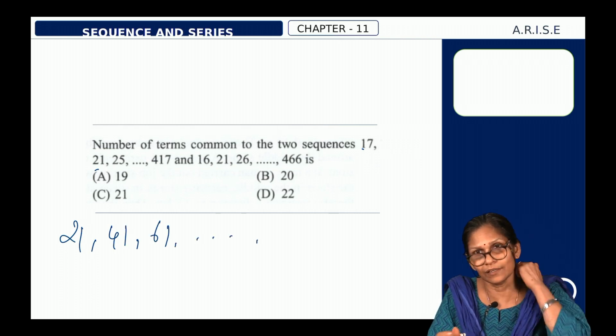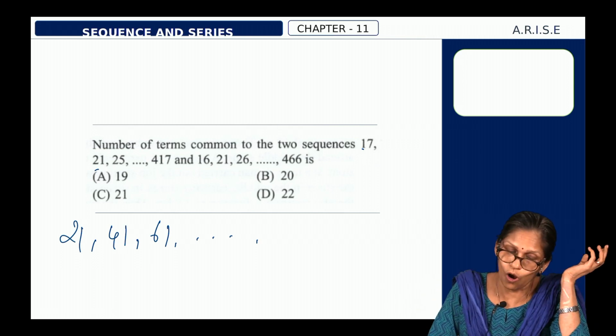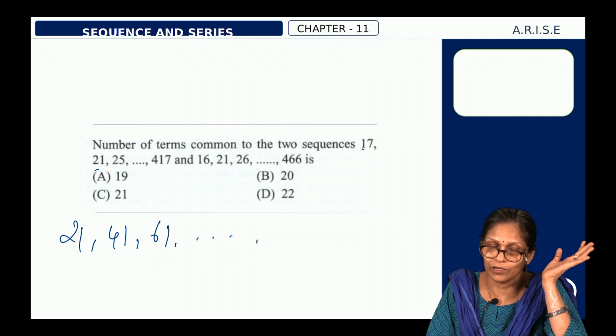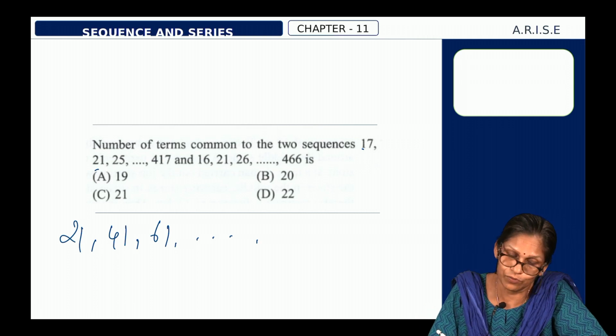Now, this term has to stop with maximum, it can be 417 only, no? So, how many terms are there if 417 was the last term?